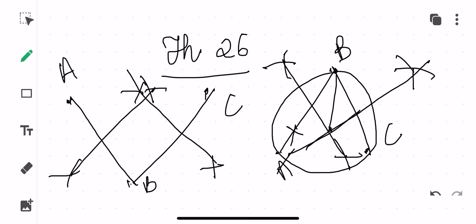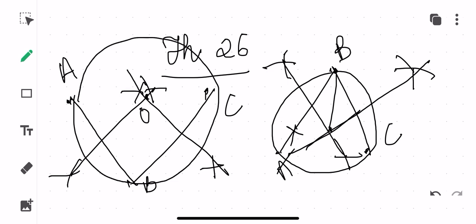Wherever these two meet, that will be my center. Then with O as center and OA as radius, I can draw a circle like this. So this is my theorem number 26.